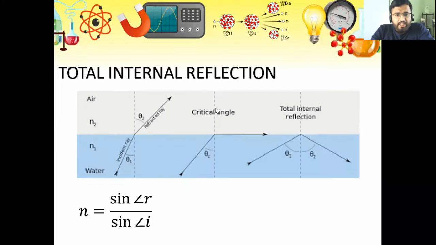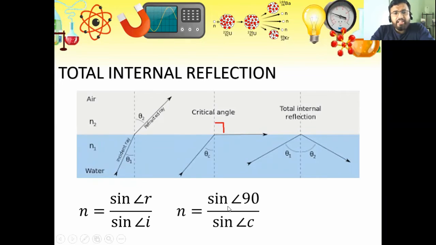Now for the critical angle, the angle of refraction becomes 90 degrees, and because of this, if we put 90 degrees in the formula, we will get another formula for refractive index in the form of the critical angle.